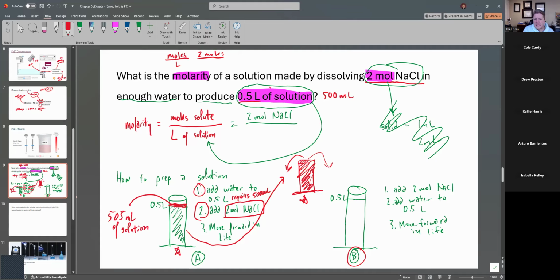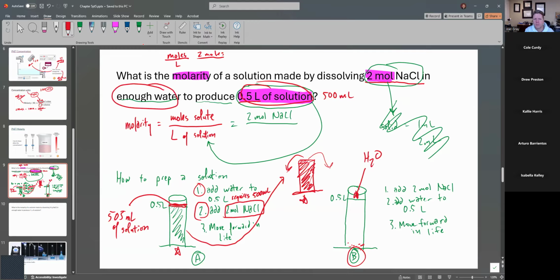So if we are looking to make exactly 0.5 or 500 milliliters of solution, what we want to do is add the solid down here, and then add H2O up to this line. Are we adding exactly 500 milliliters of water? No. But let's look back at the problem. How much water are we adding?